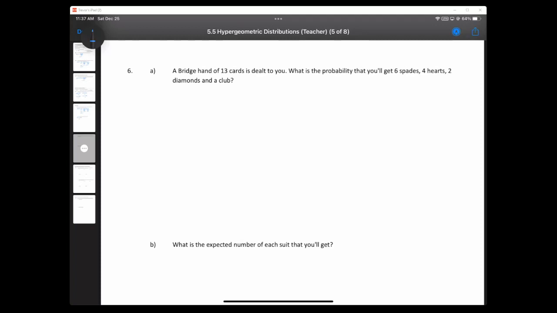So let's start off by making our shopping list. The probability that we get 6 spades, 4 hearts, 2 diamonds, and 1 club. By the way, this is why the generic notation is so difficult to write out.